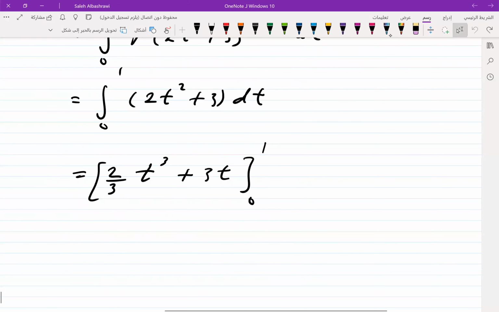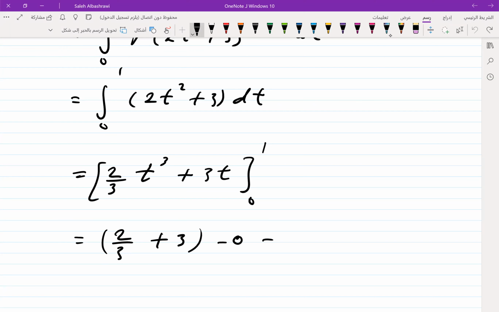The value will be 2 over 3 multiplied by 1 plus 3 multiplied by 1 minus 0. That will be 11 over 3. So the length of the curve between 0 and 1 is equal to 11 over 3. 3 multiplied by 3 is 9, plus 2 equals 11 over 3.